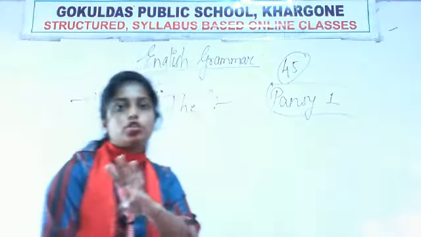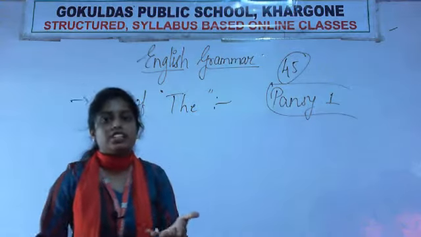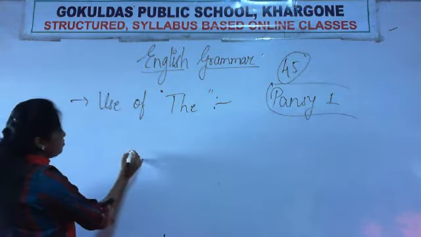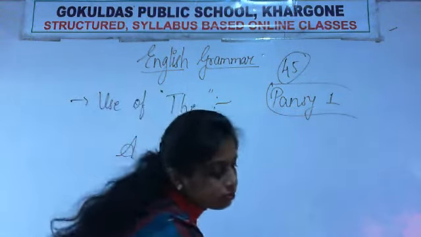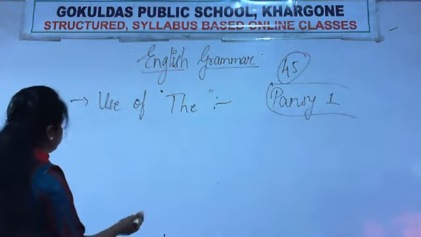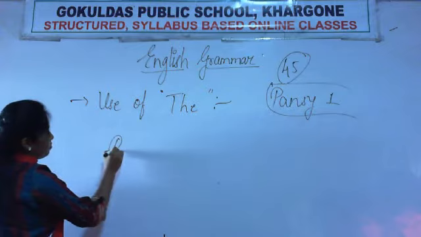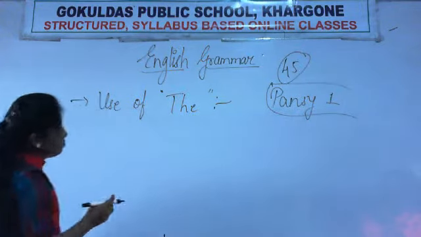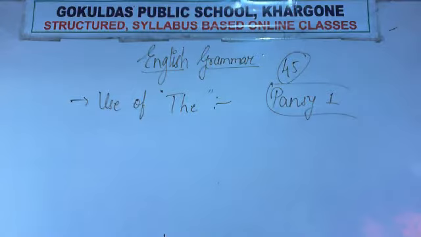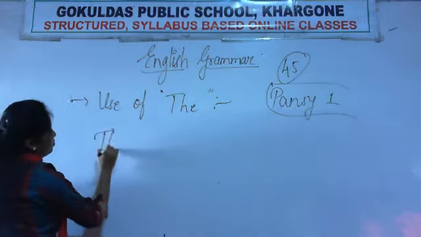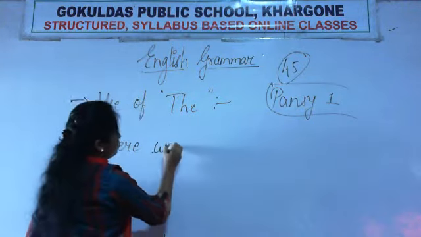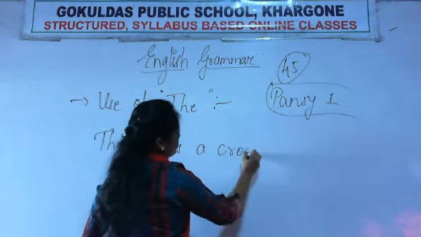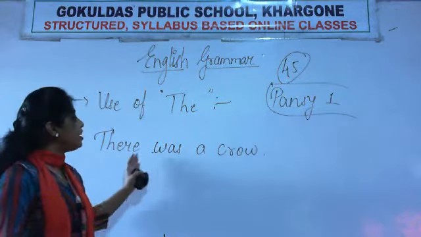Now the third use of the, for example, I am narrating a story like, okay, for example, I wrote this sentence, there was a crow.